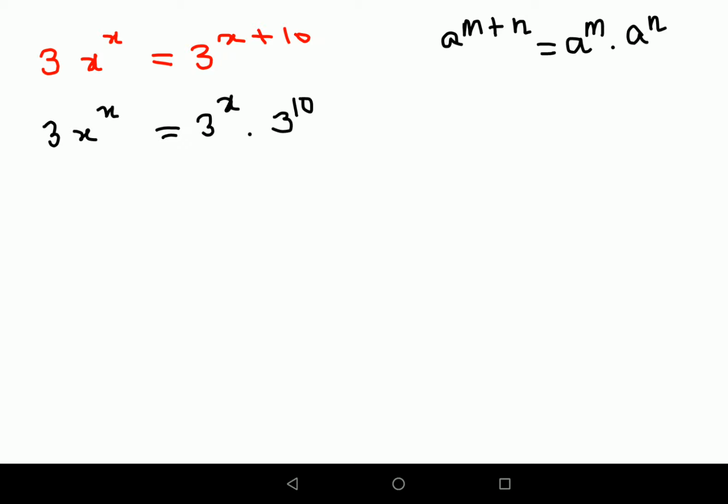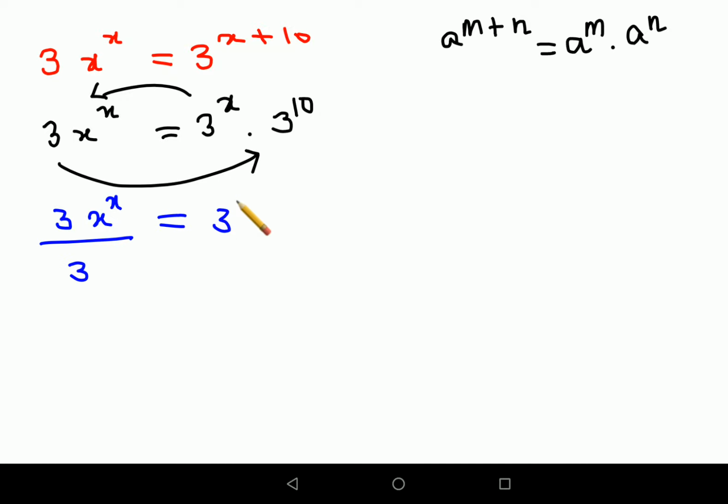Now please understand, in mathematics we always follow the rule of keeping the variables on one side and the numbers on the other side, meaning I will divide both sides by 3. At the same time, I will also divide both sides by 3 raised to x.